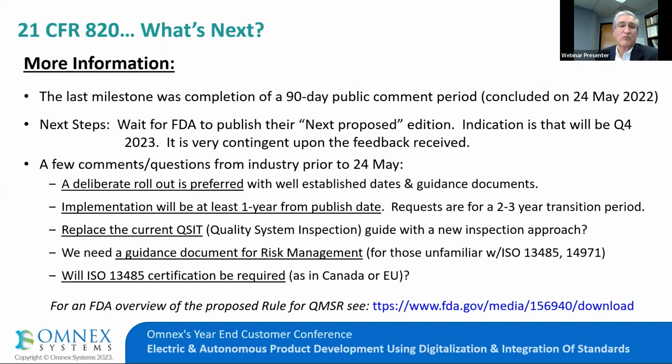I assume that they will stick with that and recommend 14971 as a risk management plan or risk management system, but we will have to wait to see what the FDA does. And last but not least, is 13485 going to be a requirement in order to obtain a 510(k), like it is in Canada or Europe?